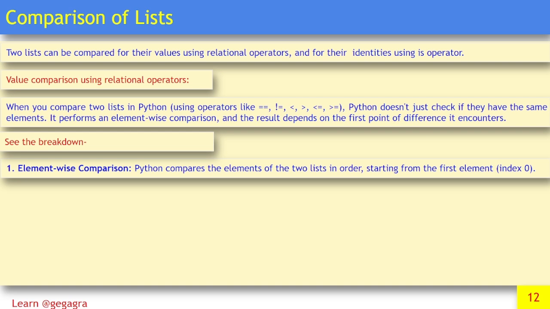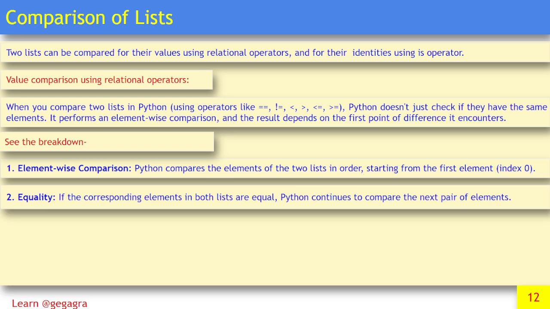Element wise comparison means if you have two lists, then you compare the element at index 0 of the first list and the element at index 0 of the second list. These two elements are compared, and depending on whatever relational operator we apply, whether greater, lesser, not equal to, or equal to, it returns the output accordingly. So this is element wise comparison.